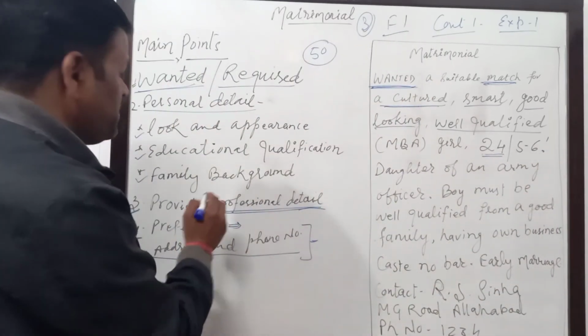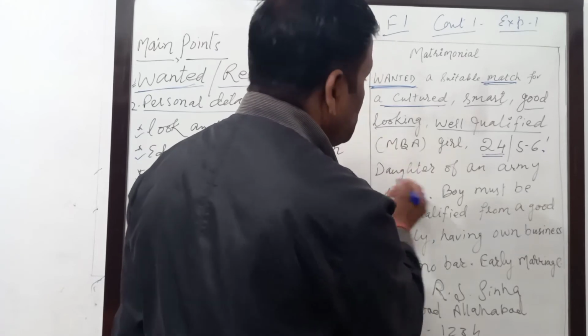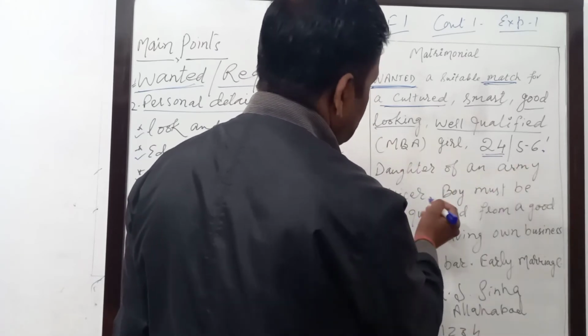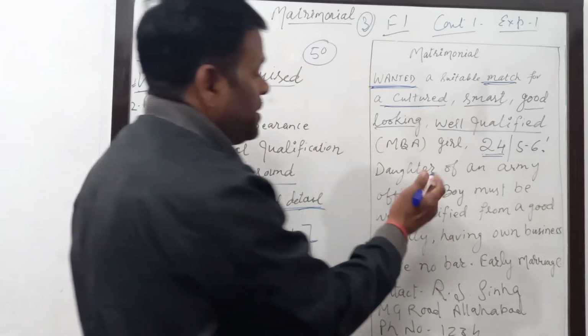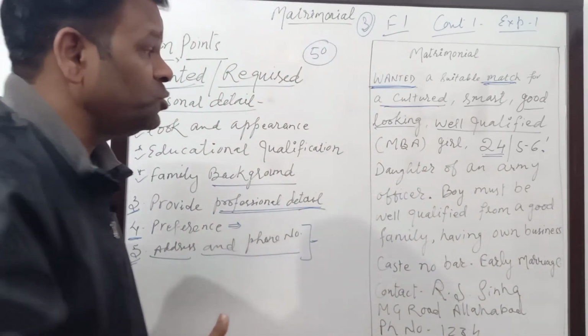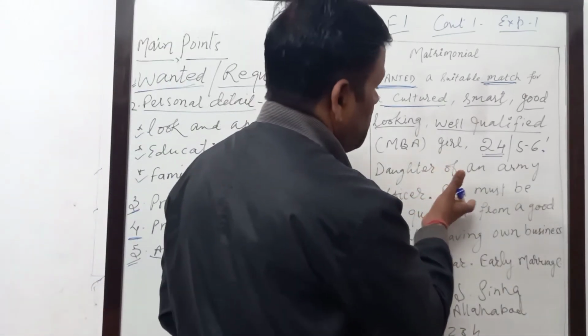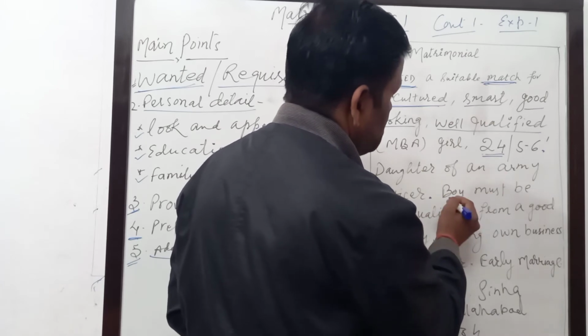Now comes the family background. What does the father do? Daughter of an army officer. So the daughter's father is an army officer. That is sufficient. Now, what is your preference? What type of boy, what type of bridegroom do you want? It is mentioned there: boy must be well qualified from a good family. So that is your need.